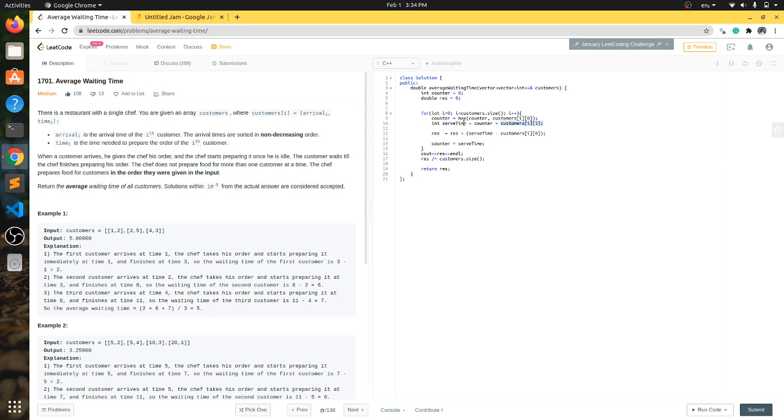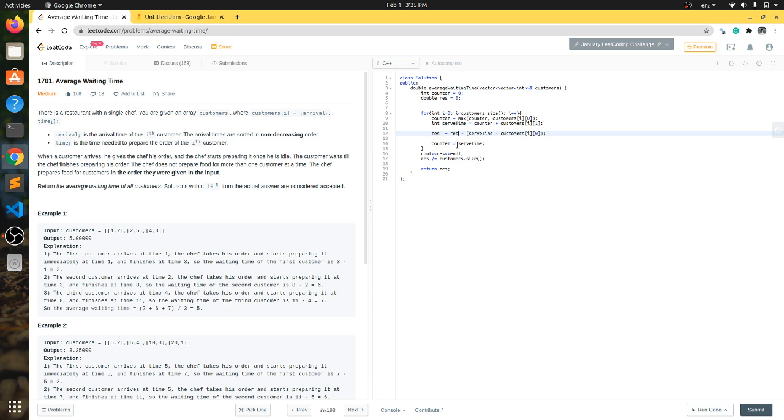Then we subtract the customer's arrival time from the serve time, and we get the waiting time, and we add the waiting time simultaneously to find our total waiting time for each and every customer who is coming into the restaurant.